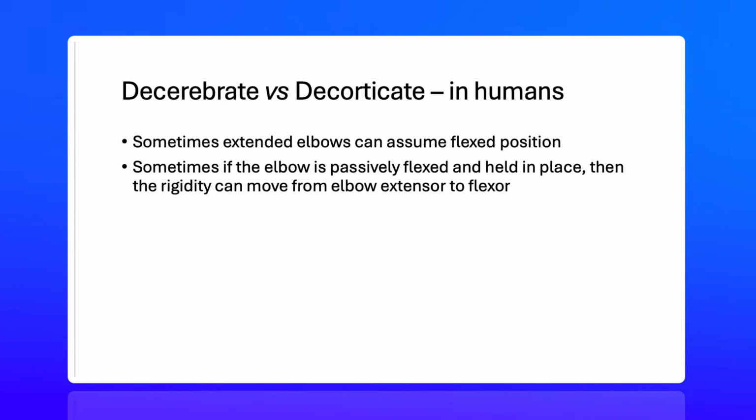Moreover, if you find a patient who has decerebrate rigidity, and if you passively flex the elbow of that patient and hold it in place for a short time, then you will notice that the rigidity moves from the extensor to the flexor compartment of the upper arm.